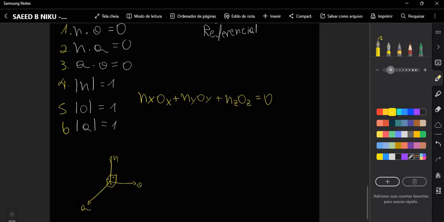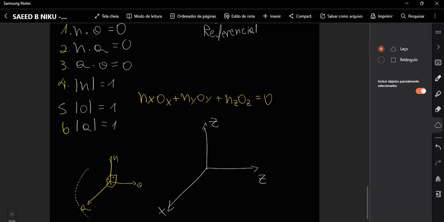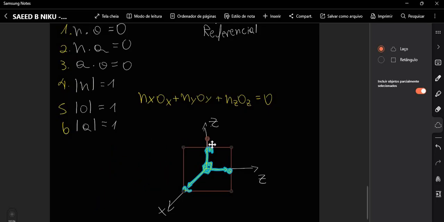And I cannot forget that it is referenced to another referential. Can you see? It's what happens.